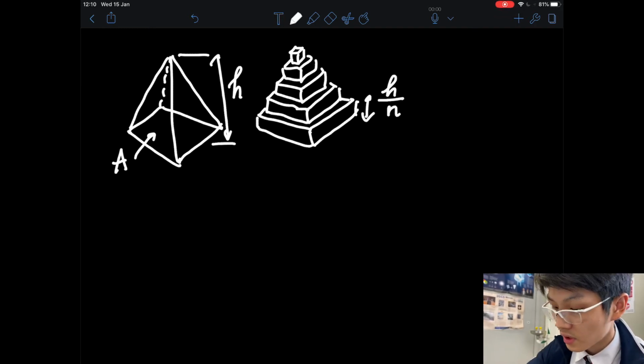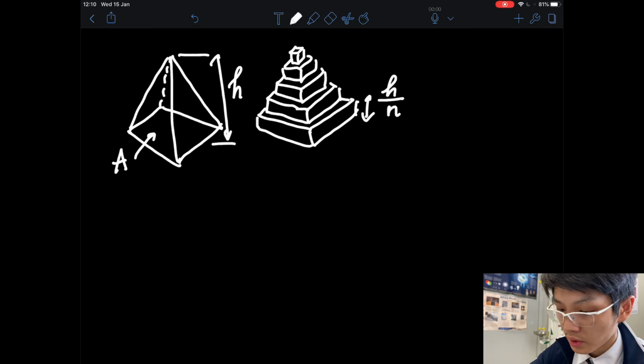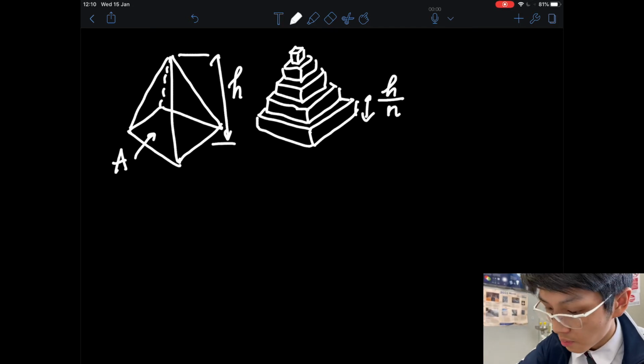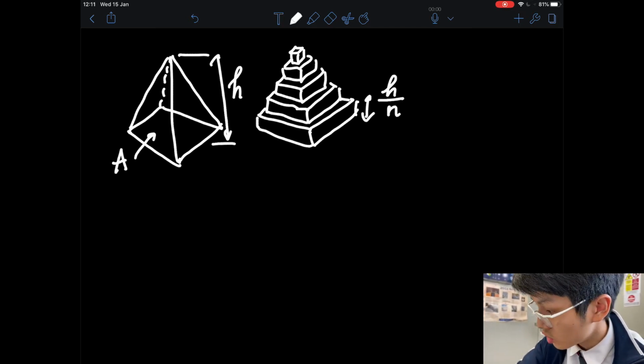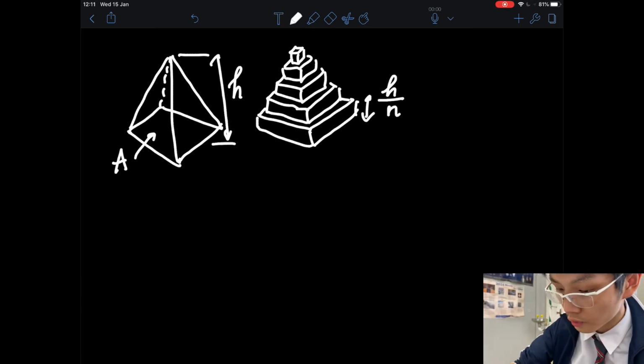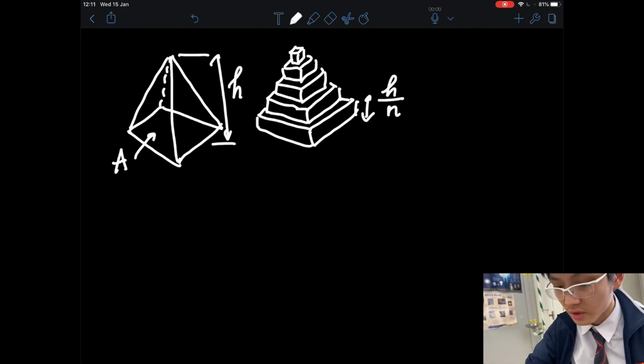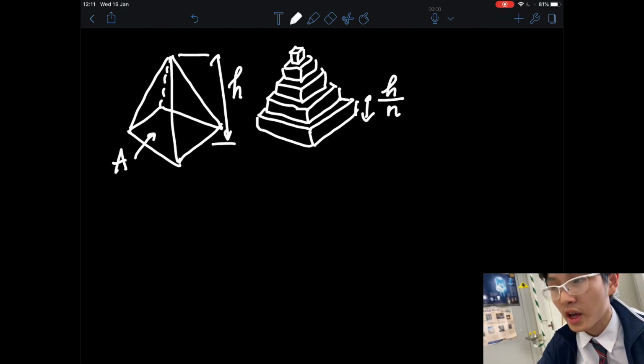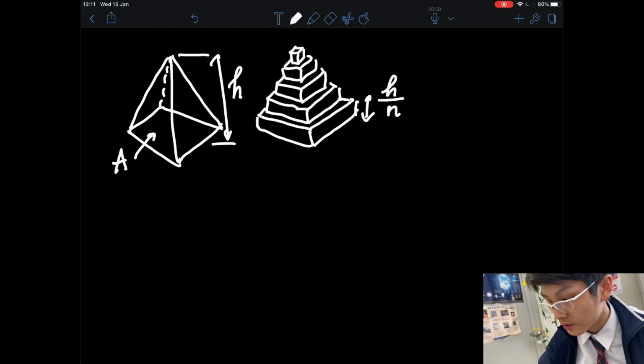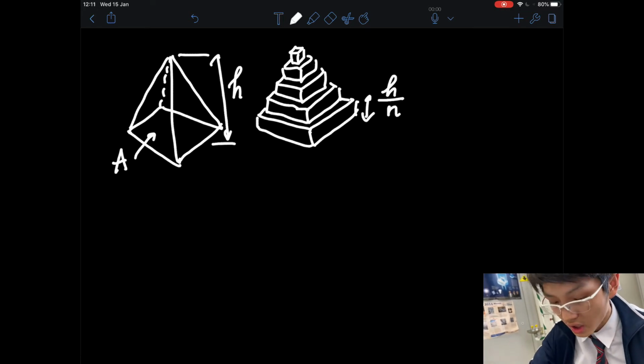And then, because this is a pyramid and the shape of each base is smaller than the next, but they're all similar to each other, we can see the dimensions of each layer. Let's say we choose any layer K. Then the dimensions of the base of the K layer will be K over N compared to the lowest base.